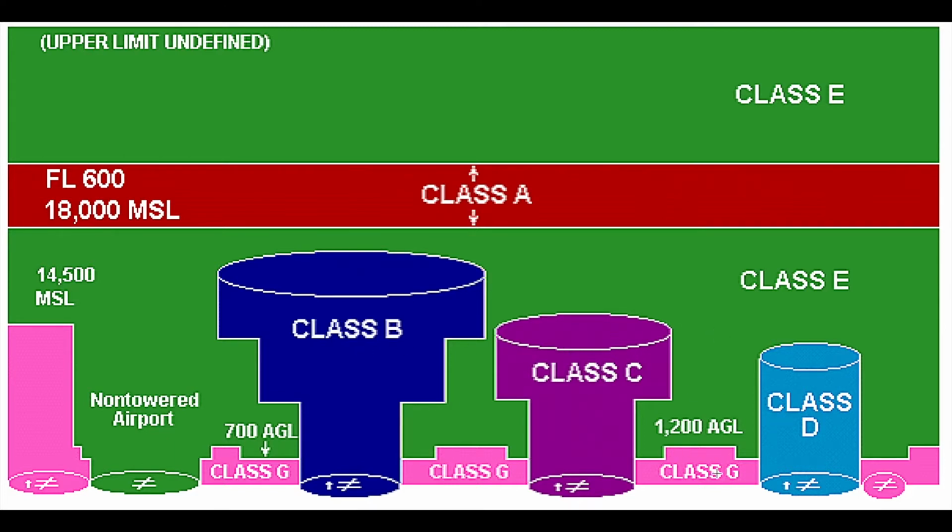Now, a good thing is most places close to the ground, below 1,200 feet, or below 700 feet, is Class G airspace. It is considered uncontrolled airspace. So there is not an air traffic control agency monitoring that airspace. It's just too close to the ground, all that kind of good stuff. So up here, Class E is still considered controlled airspace.